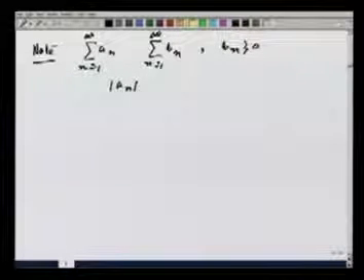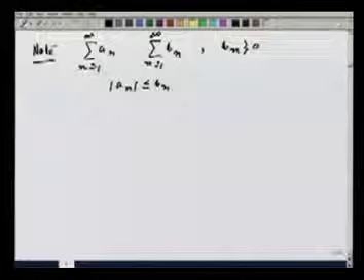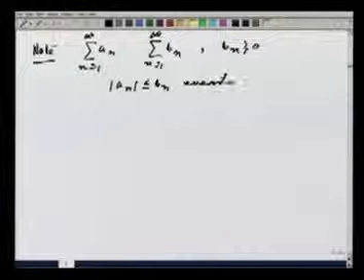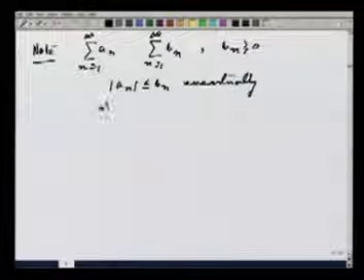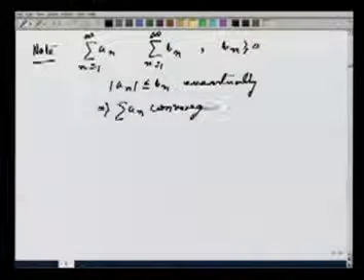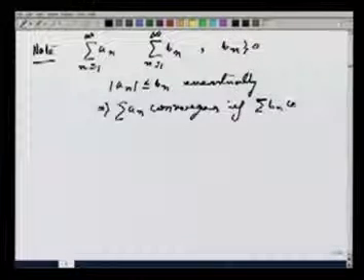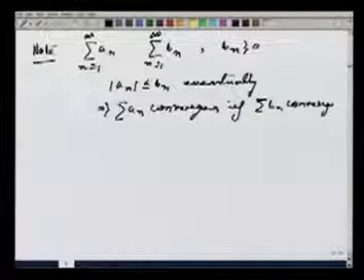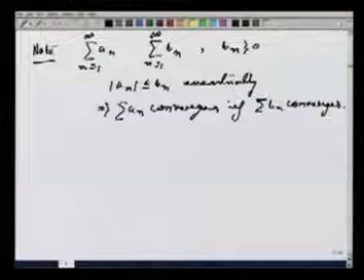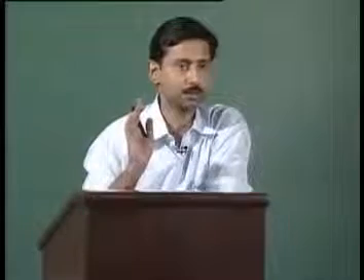Look at modulus of an, if it is lesser equal to bn for all n or after some stage, so we can say eventually, this implies summation an converges if summation bn converges. So it's very simple to remember that if you have an infinite series whose terms are after some stage less than the terms of a convergent infinite series, then your series also converges.